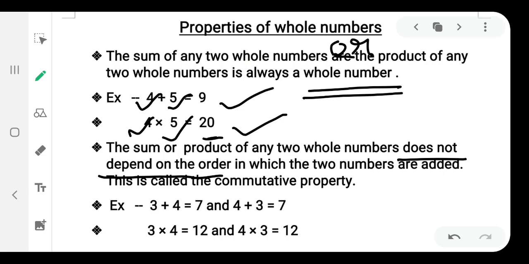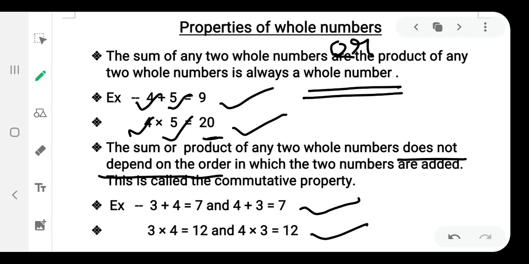Means on adding two numbers, if I exchange the numbers, I will get the same result. Or on multiplying, if I change the position of the numbers, then also I will get the same result. You can be clear about this by seeing this example. 3 plus 4 gives me 7.